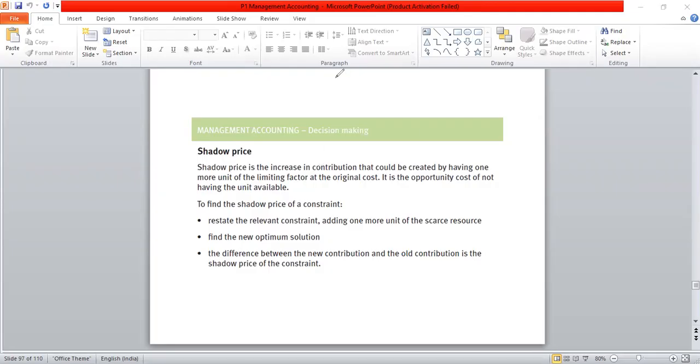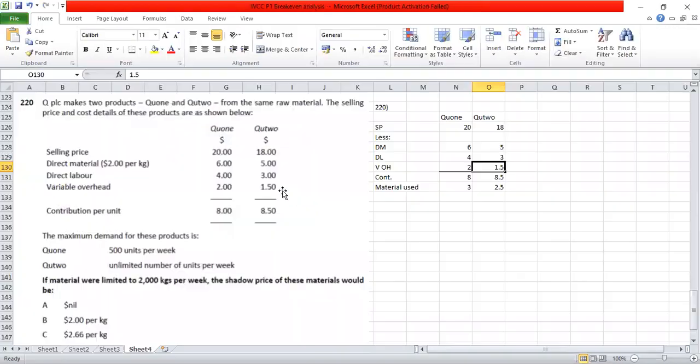Now, in case of Q1, Q1 will be able to contribute additional contribution only until it is 500 units. So that is one major drawback here. It would not go on adding more contribution because there is a restriction here. Another restriction is in terms of the demand present for Q1.